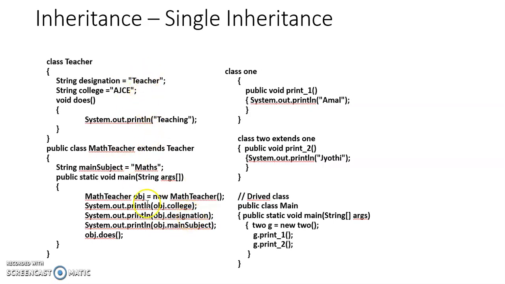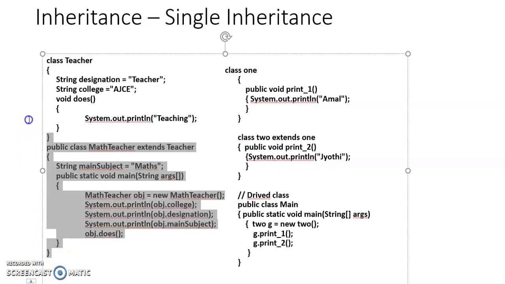obj.designation, which will be teacher, and obj.main subject, which will be maths, and obj.does is being called as a function. Here all these are variables, and here it calls a function, so it should be displaying the value called teaching. So we'll run this program and see.